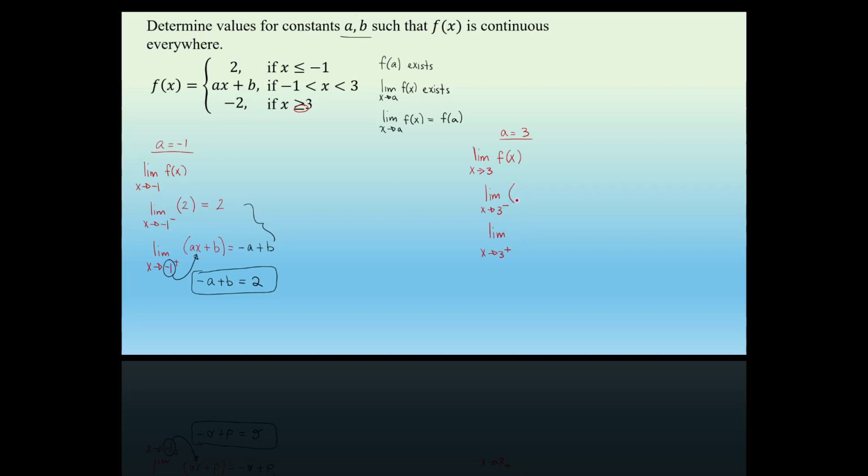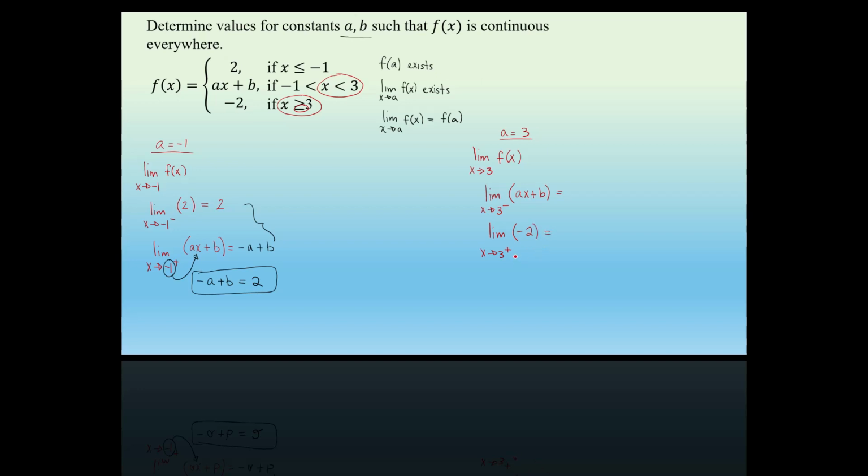So let's look at our piecewise function. Approaching 3 from the left means we're looking at values less than 3. So that's the middle piece. Approaching 3 from the right, we're looking at values greater than 3. That's the bottom piece.